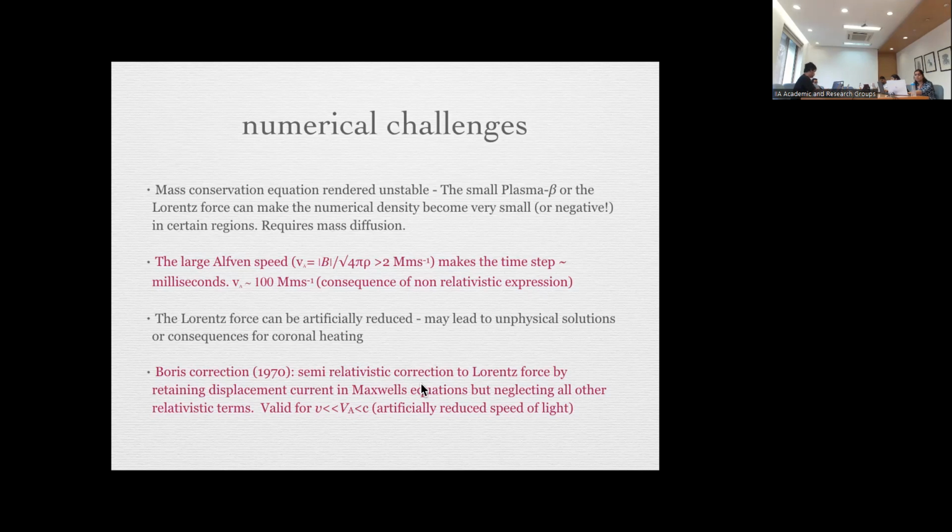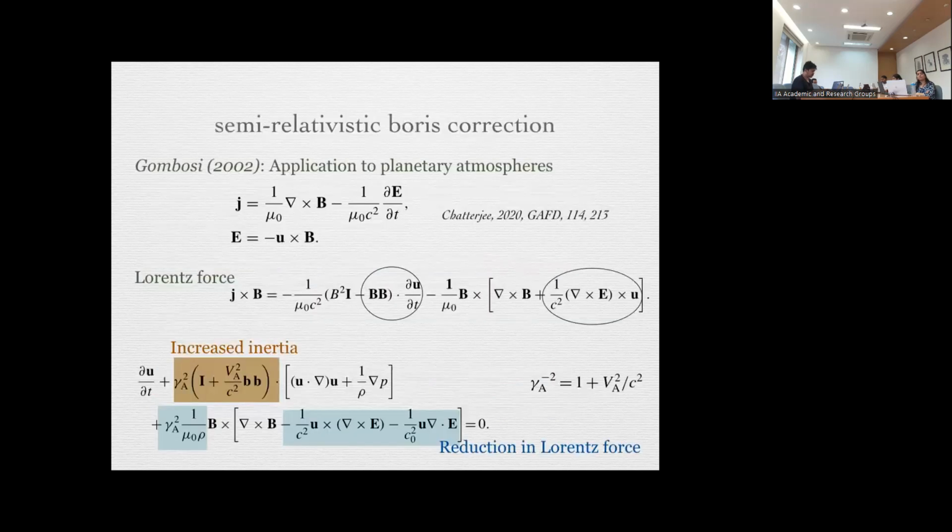So this is basically a semi-relativistic correction to the Lorentz force by including the displacement current in the Maxwell equations. When you do non-relativistic simulations, the hydromagnetics is non-relativistic. It basically means that you are neglecting the displacement current. So to take care of that, there is also a correction here.